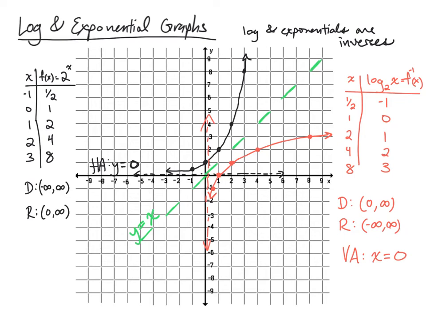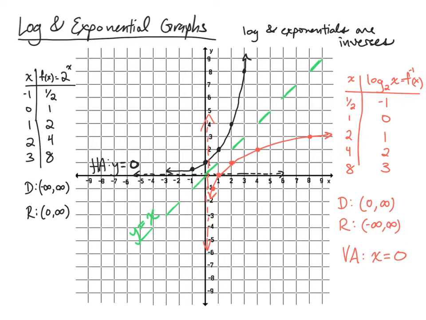And that's the key to graphing log functions: if you can find the exponential parent table, you can swap the x's and y's to get a log parent table, and then you have to find vertical asymptotes, which I will go into on the next slide.